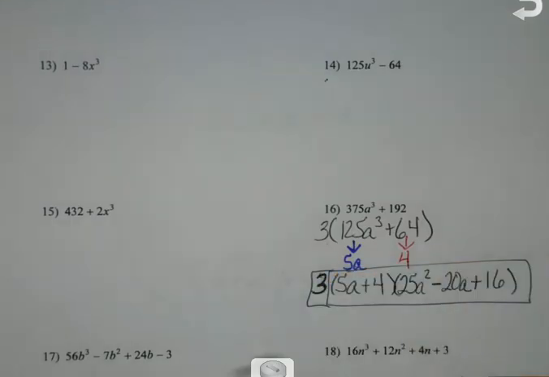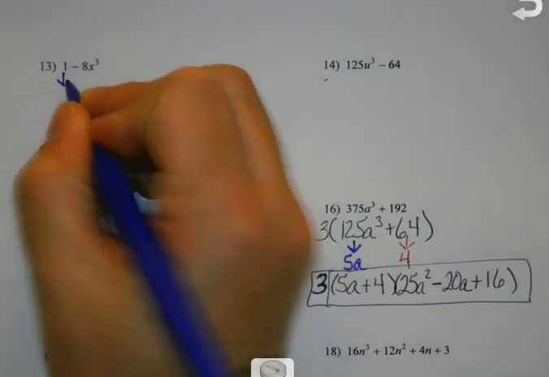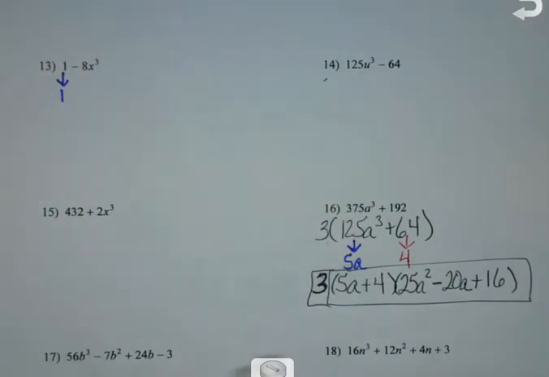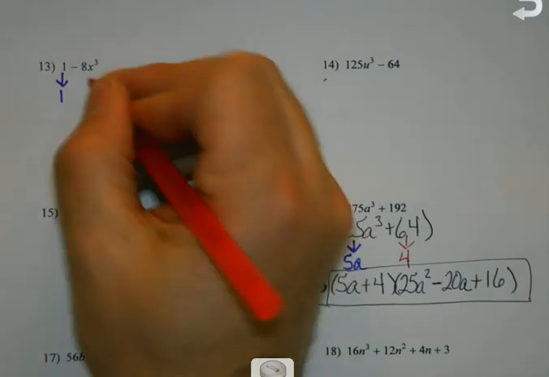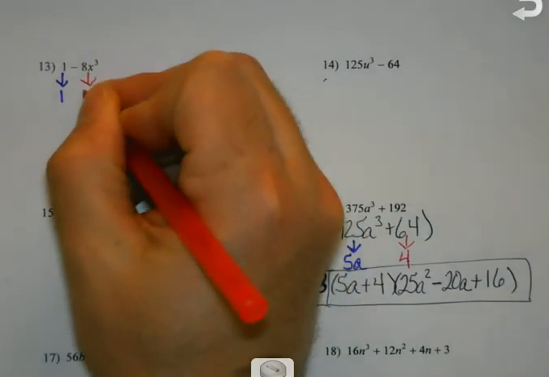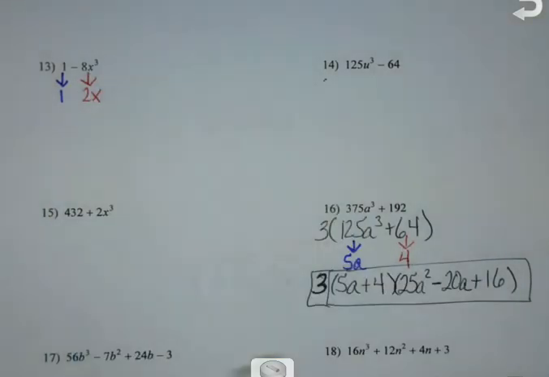So if I'd have forgotten the 3, that would have kind of hosed me over a little bit. So I got to remember that part. Okay. But 13, I don't have to worry about that because, well, I don't have any common factors. So I cube 1 to get 1. That makes sense. What do I cube to get 8? 2. Okay, and I also do the x because x cubed gets me back to x cubed.